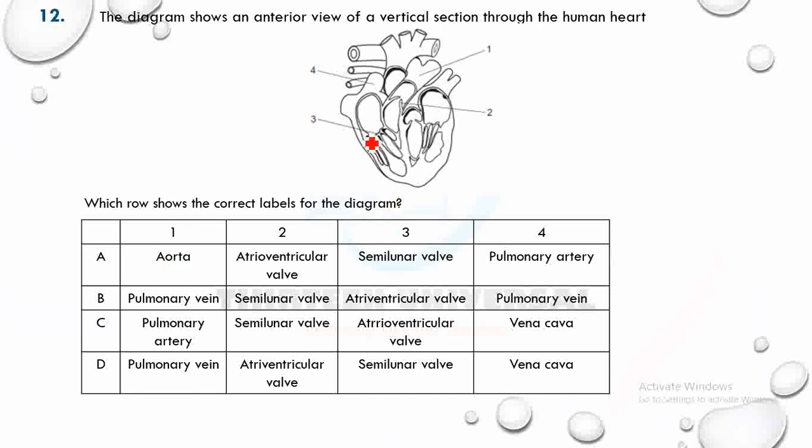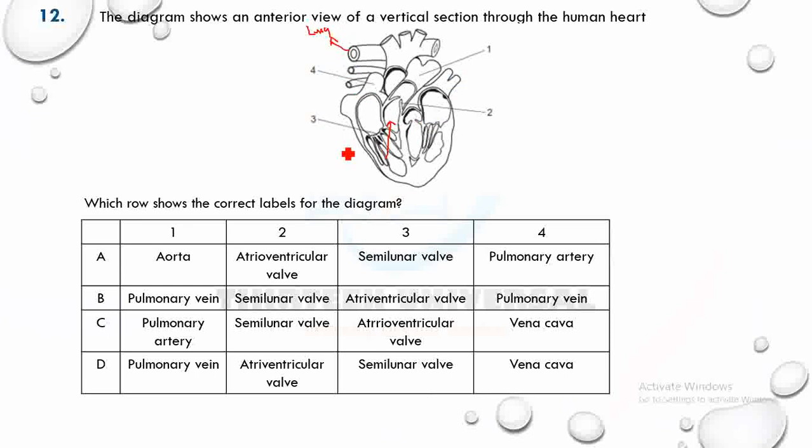Let's go to number 1. You can see that it is an artery, okay? But you see that this artery is connected to the right ventricle. The artery that's connected to the right ventricle is the pulmonary artery. So the right ventricle pumps blood into the pulmonary artery, so the pulmonary artery can take it to the lungs for oxygenation.